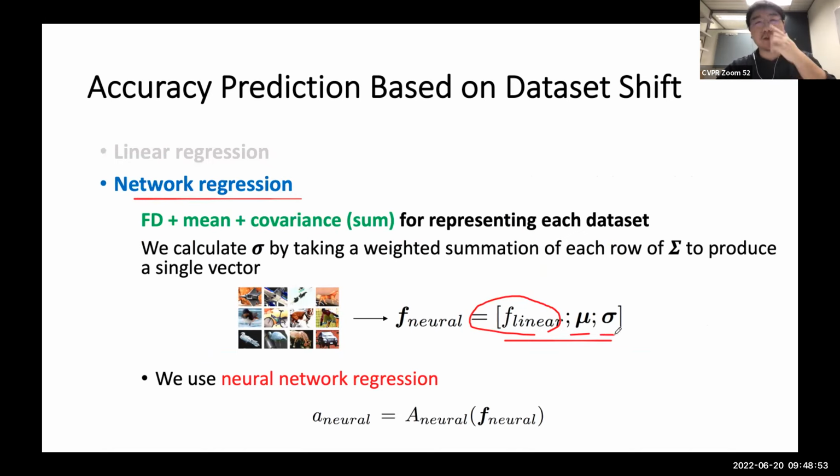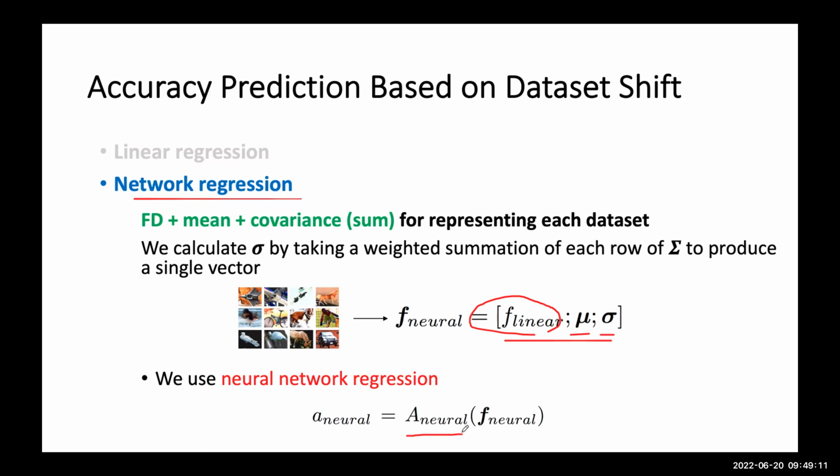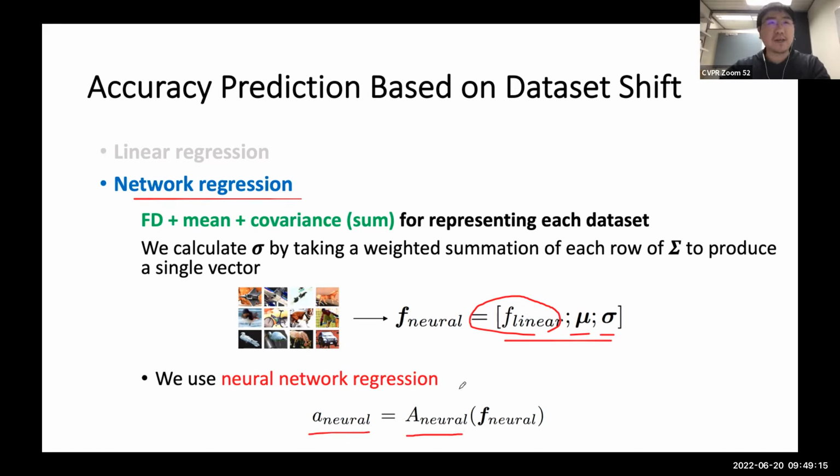So we have a higher dimensional representation of a test set. We feed this representation into a neural network composed of a few layers of MLPs, and we can obtain the accuracy like this. So this is a neural network regression method.